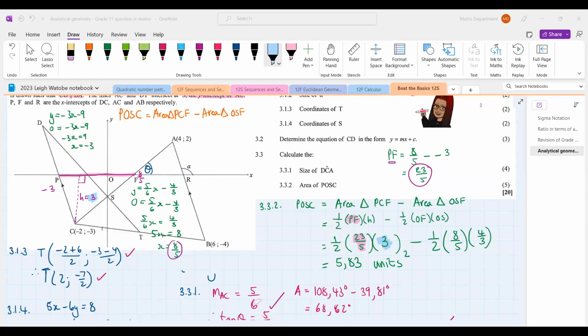So C is 3 units away from line PF, and that gives me my base and my perpendicular height. Is that making a bit more sense now?